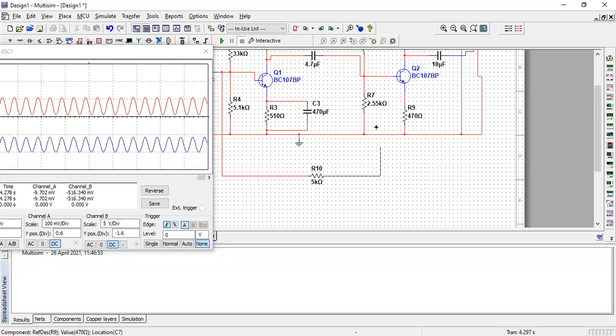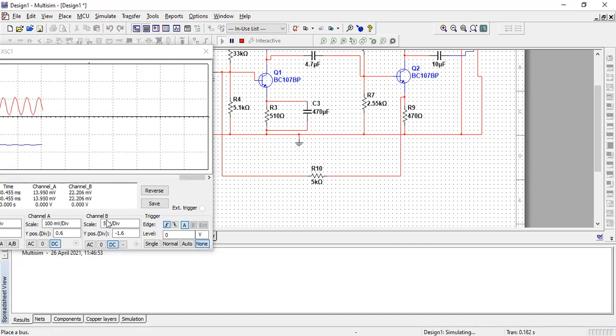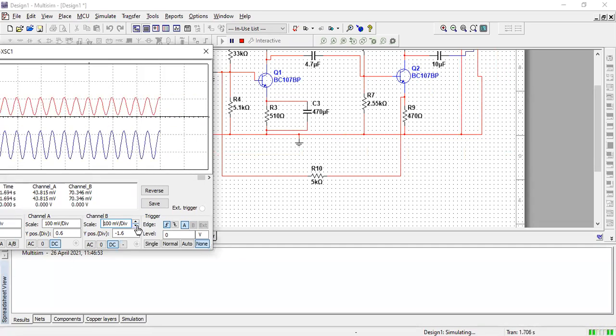I'll execute now. This is the output you are getting. Less output compared to the previous one. So this is the feedback effect, and we'll see the frequency response of this.